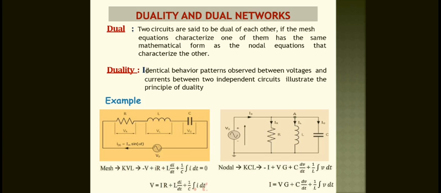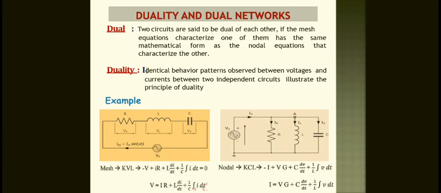So two circuits are said to be a dual of each other if the mesh equations that characterize one of them have the same mathematical form as the nodal equation that characterizes the other. The identical behavior observed between the voltage and currents of the two independent circuits illustrates the principle of duality.